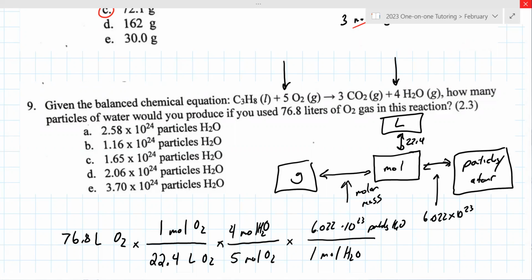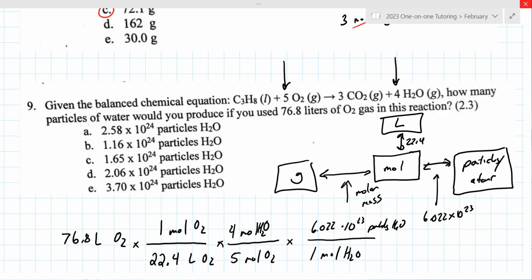Now you do the calculator stuff. 76.8, and thankfully, the answer is there. 22.4 times 5 is 112.